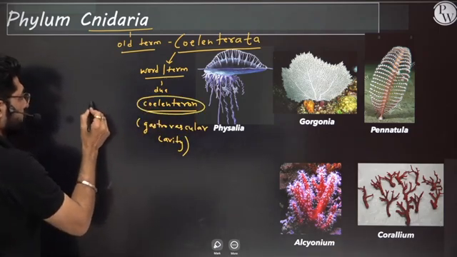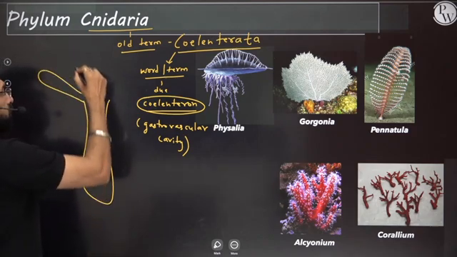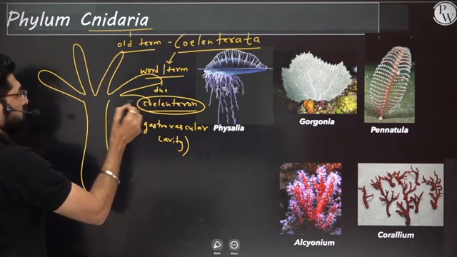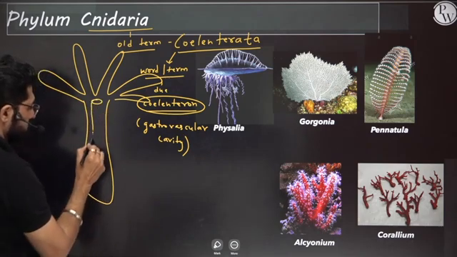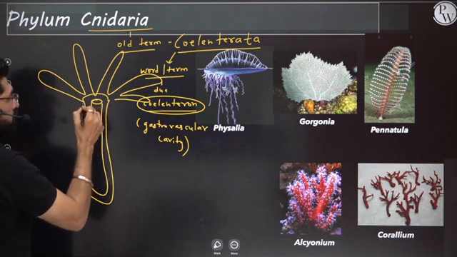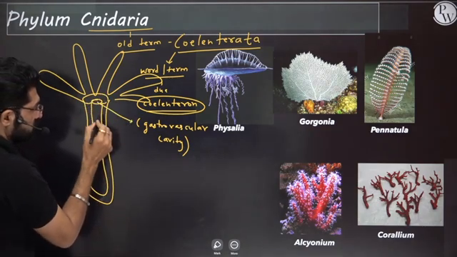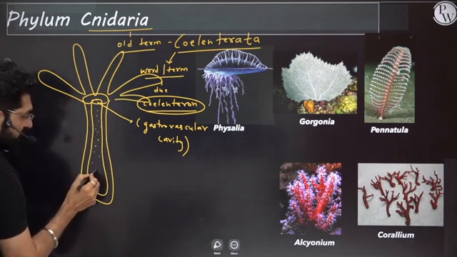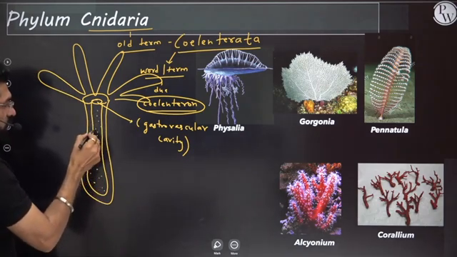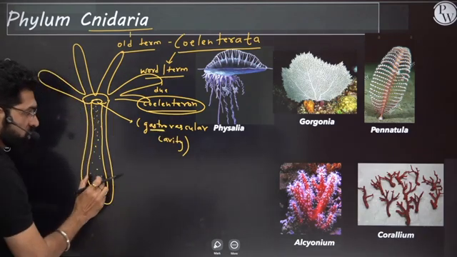So the gastrovascular cavity, if you see, this is the hydra here, and this hydra will have these structures. This is the gastrovascular cavity. Can you see? This is the cavity inside. As the word says, gastro is involved in digestion also.